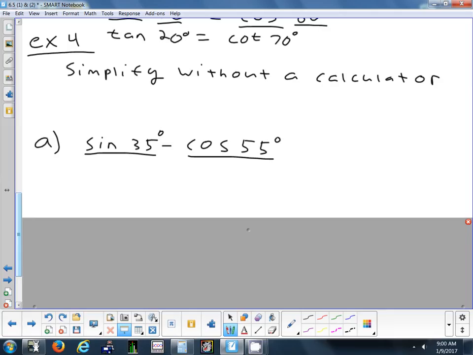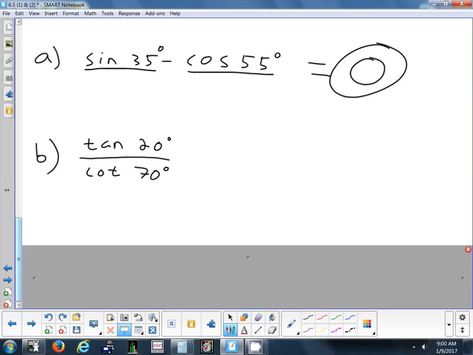They're equal to each other. I have no idea what the sine of 35 is. I really don't. It's a weird number. But I don't need to know what it is. All I know is I'm subtracting two things that are the same. So what do I get? 0. Okay. So that's a place you could use the theorem I just showed you.